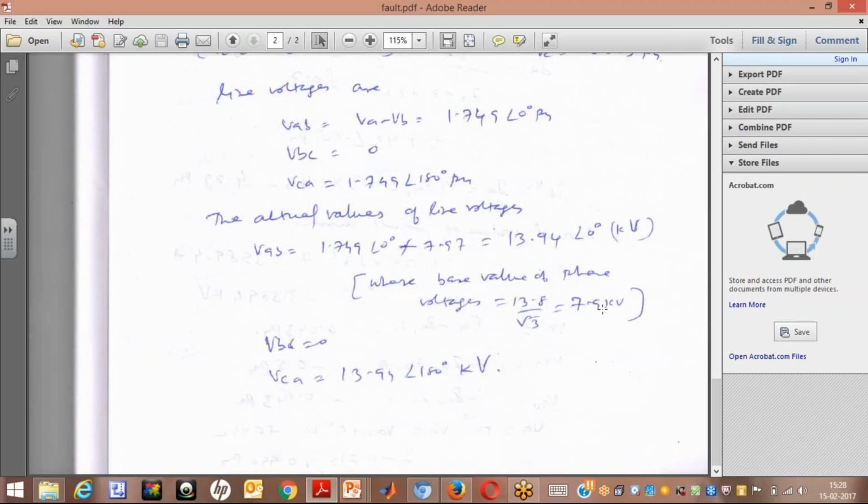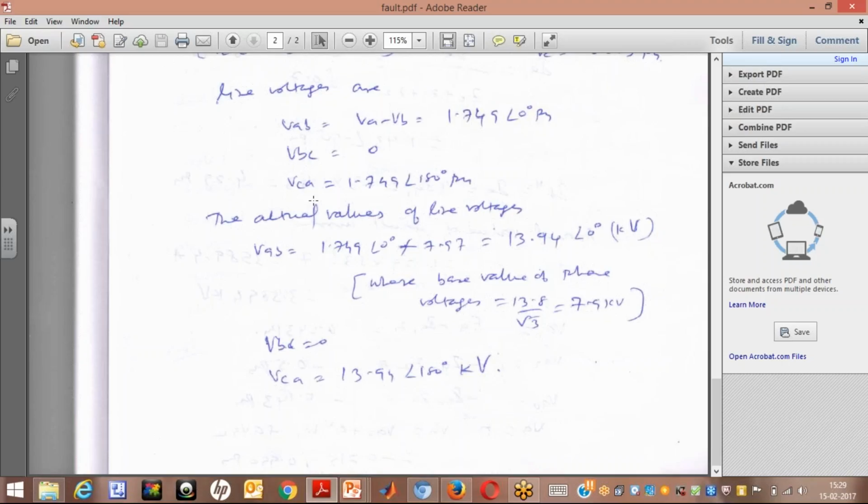Surely you should use only this value 7.9, not the 13.8, to calculate your actual value. Why? Because even though we are naming this VAB as the line to line voltage, we are calculating that one with the help of phase voltages only. VA is the phase voltage, VB is the phase voltage. Similarly, for calculating VCA, VC minus VA, where VC is the phase voltage and VA is the phase voltage.